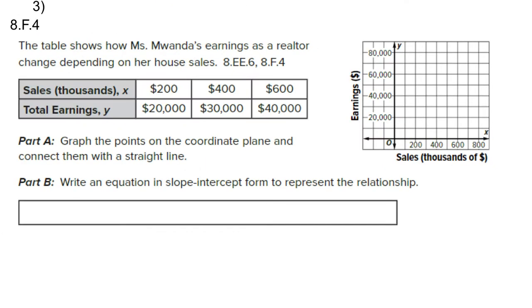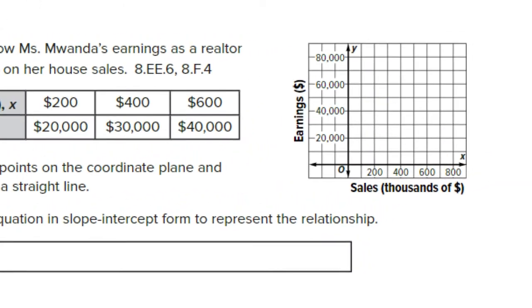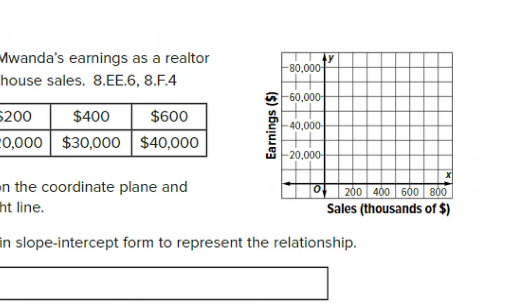Okay, so we have this one. The table shows how Miss Mwanda's earnings as a realtor change depending on her house sales. Graph the points on the coordinate plane and connect them with a straight line. So 200 at 20,000, 220,000.